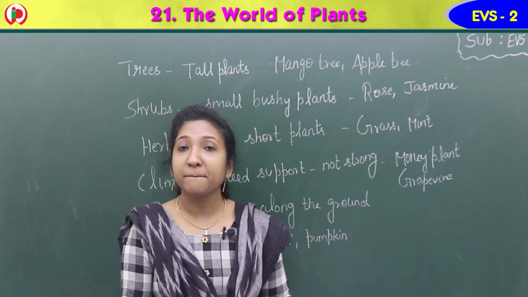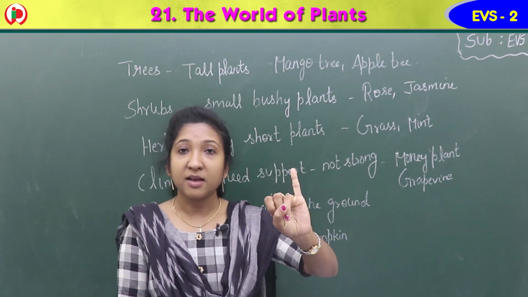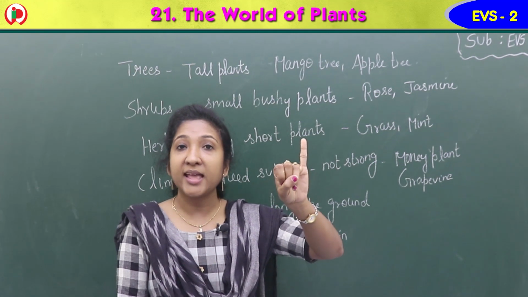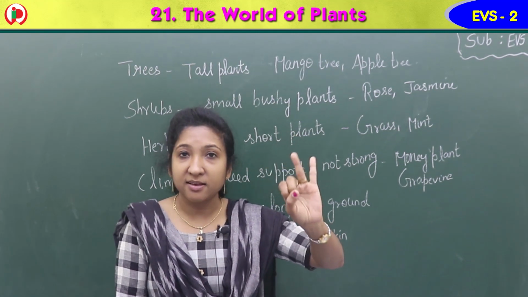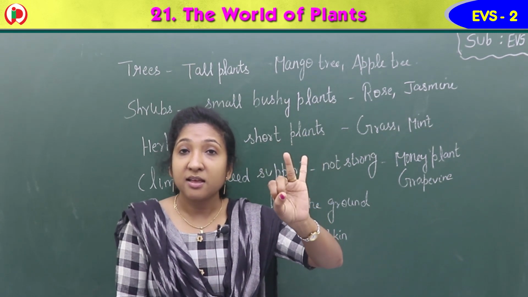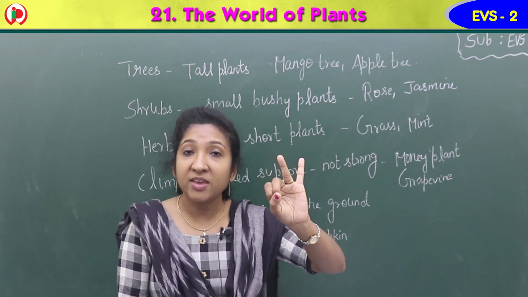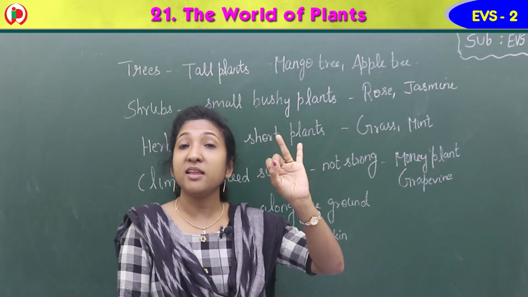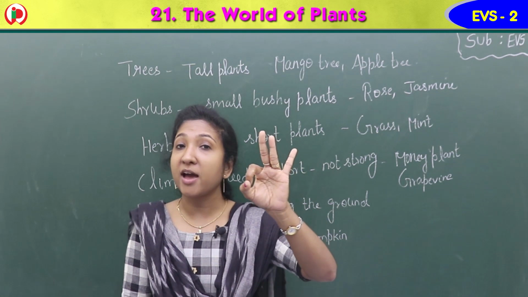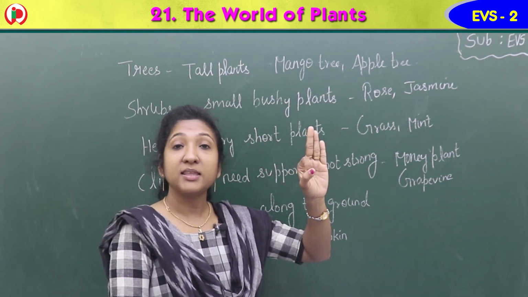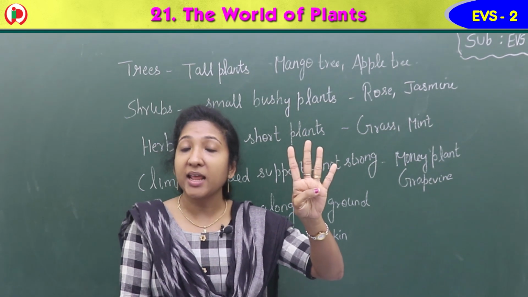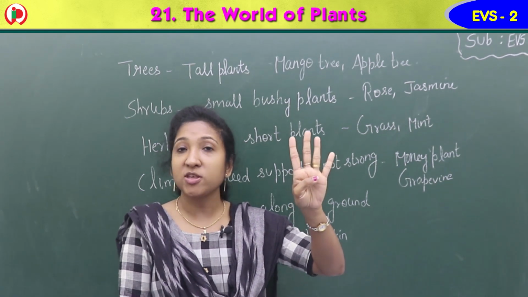Which are they? Roots. Underground we can see roots, R-O-O-T-S, roots. Then leaves. We can see different kinds of leaves. Yes, L-E-A-V-E-S, leaves. Then fruits, F-R-U-I-T-S, fruits. Then branches, yes, branches, B-R-A-N-C-H-E-S, branches.